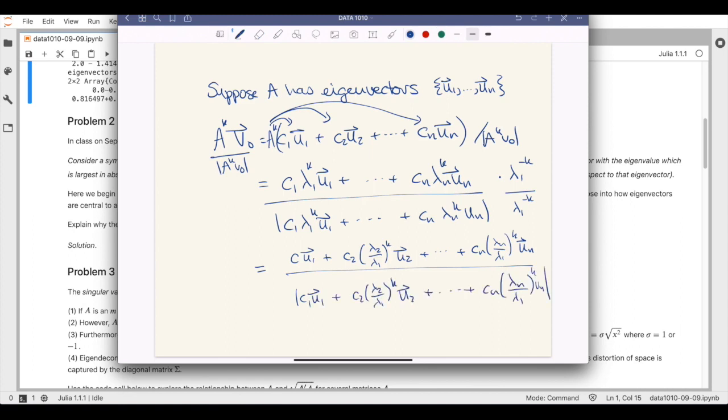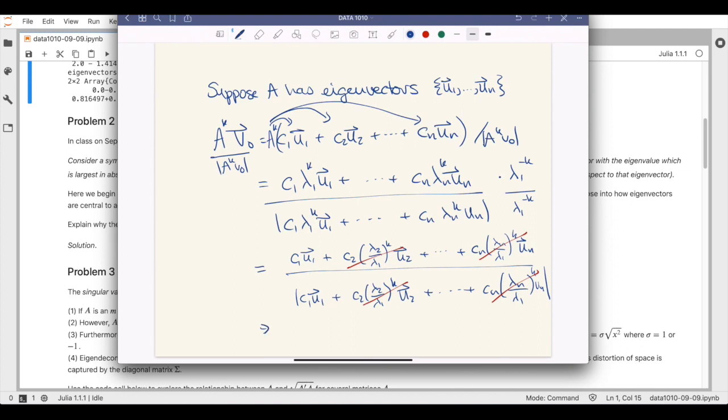And now, if we take k to infinity, then these terms will all go to 0 because it's a number less than 1 in absolute value being raised to successively larger powers. And that's going to converge to 0, while the remaining terms out front are constant, so they stick around.